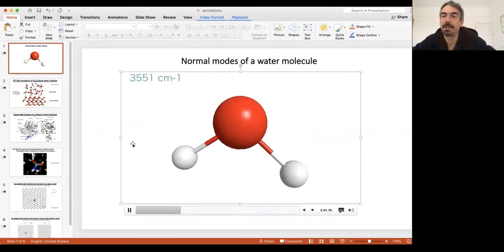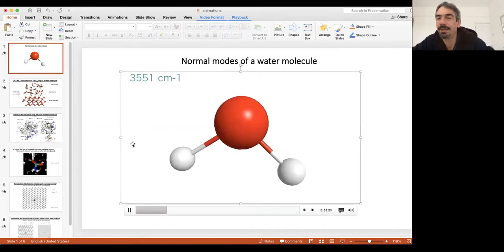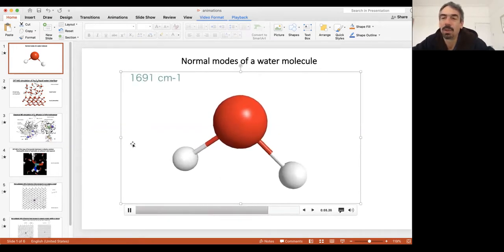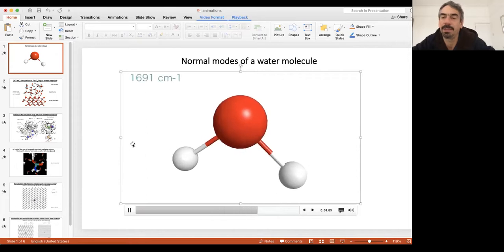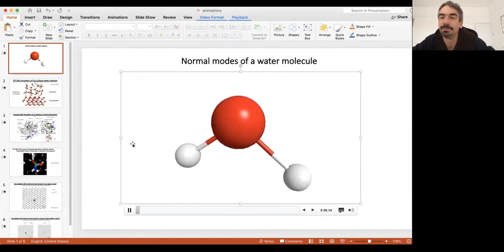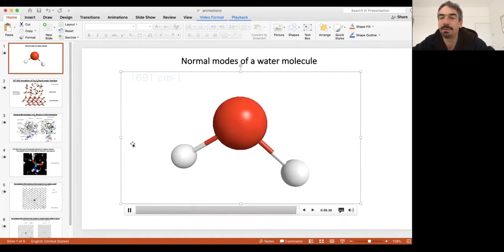So how many points do I need for an oscillation? Maybe 10 is good. So if the vibration is 10 femtoseconds, then maybe my time step should be 1 femtosecond, and then I should be able to represent everything.